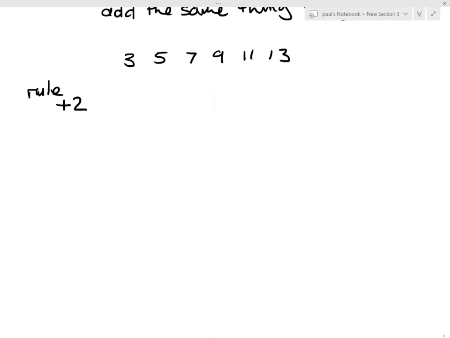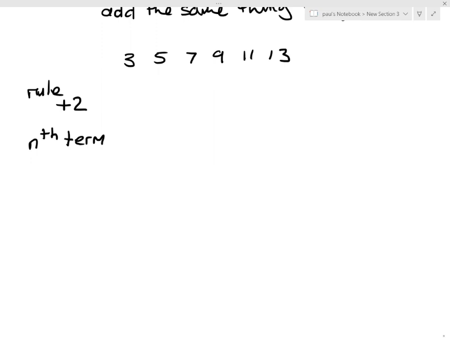And what the rule is really can be seen as the nth term. So we're going to make a little algebra expression that we can use to find any number anywhere in the sequence.